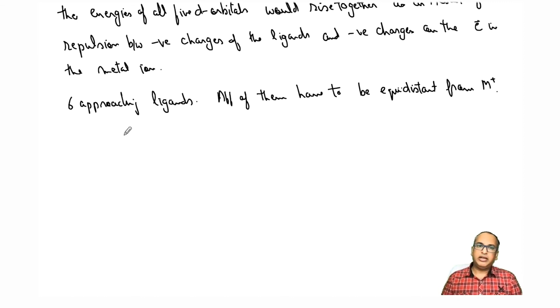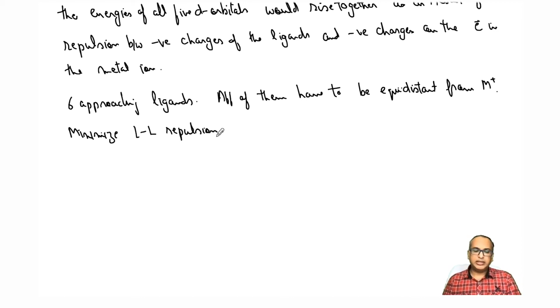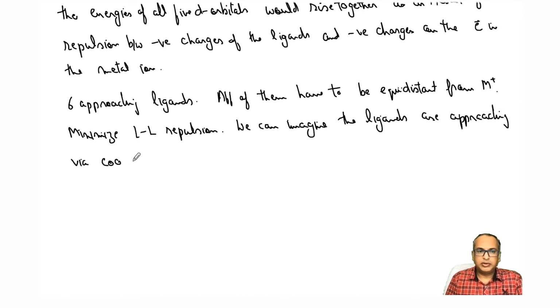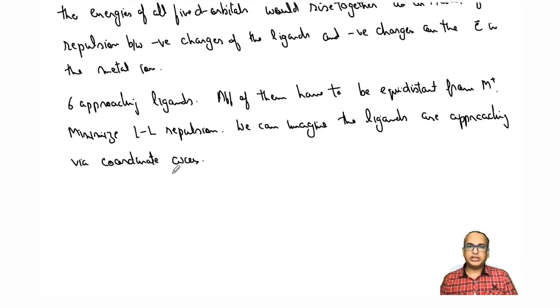Now if they all have to be equidistant and they all have to minimize ligand repulsion, then what we can imagine is that the ligands are approaching via the coordinate axis. Of course, this is only an assumption.